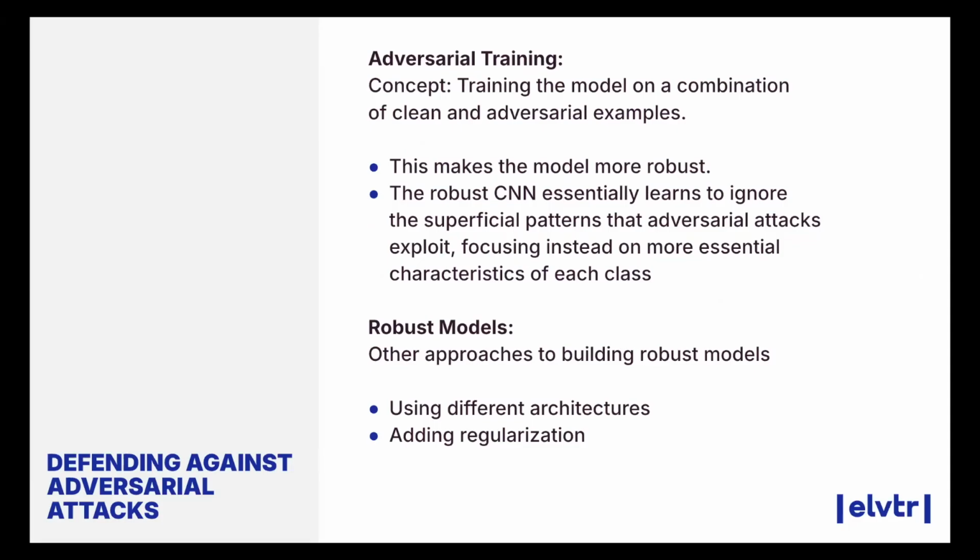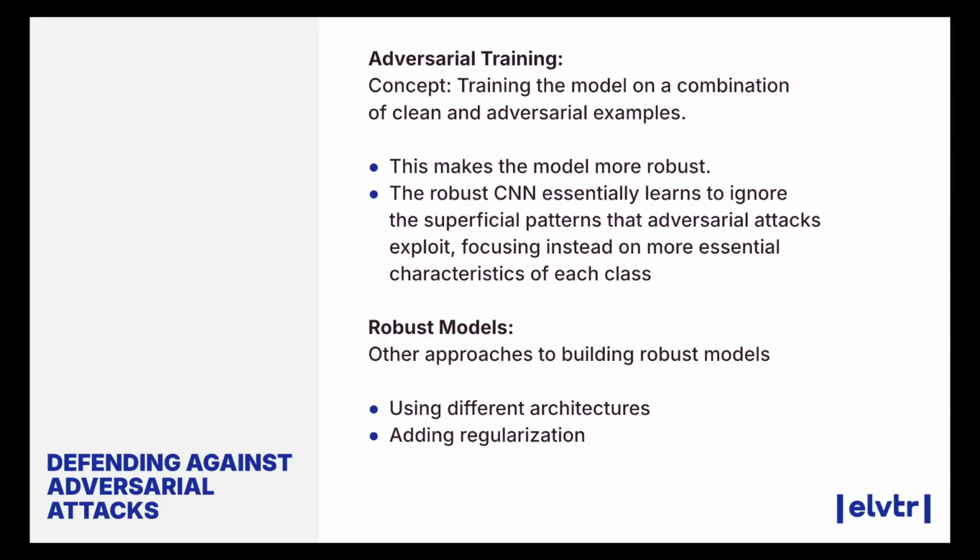Your CNN learns to ignore superficial patterns and focus on the characteristics, right? So this is I guess analogous to feature reduction, right? We don't want to look at everything. We want to look at the most important things.